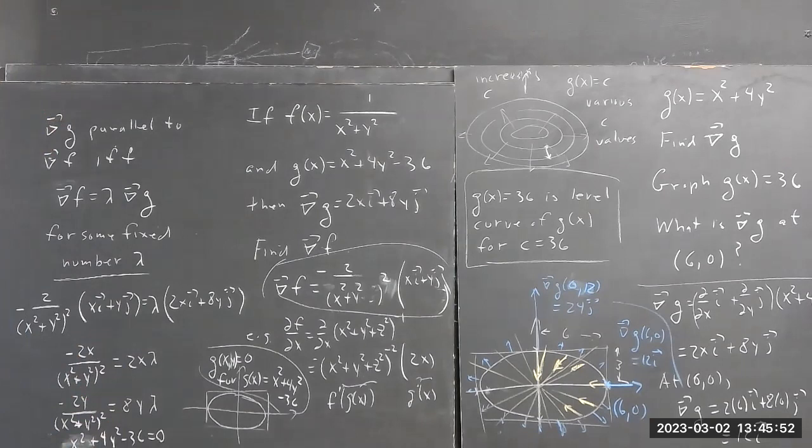I can tell you that these equations are solved if x equals 6, y equals 0. Now, if x is 6 and y is 0, we can figure out lambda.